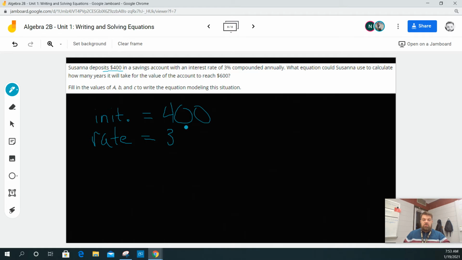Which is 3%, which is equal to 0.03. Percent means per hundred, so 3% means 3/100, and you'd write that as a decimal this way. So that's that right there. And then it says to calculate the value to reach the final amount of 600.